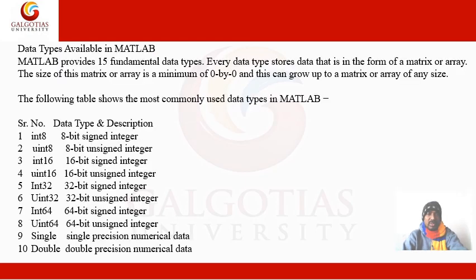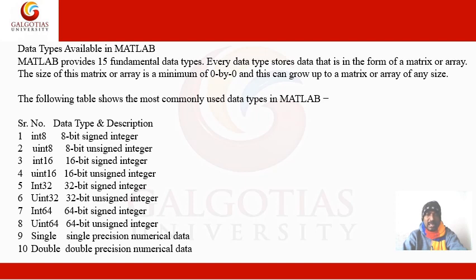Now we will see the data types available in MATLAB. So we can see the list of data types. The size of a matrix or array is a minimum of 0 by 0 and can grow up to any size. We have a list of data types like int8 and uint8. Int8 is an 8-bit signed integer.